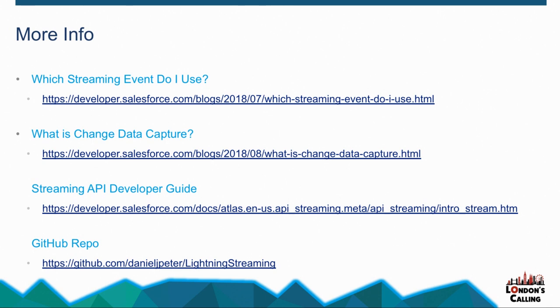Which streaming event do I use? What is change data capture? The Streaming API developer guide, and then my GitHub repo here. I've posted the slides with these clickable links on SlideShare, and after the session, I'll just tweet a link. You can get the slides and the code there.